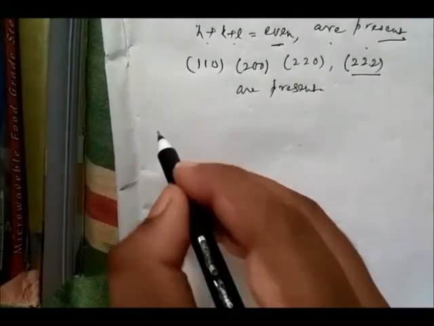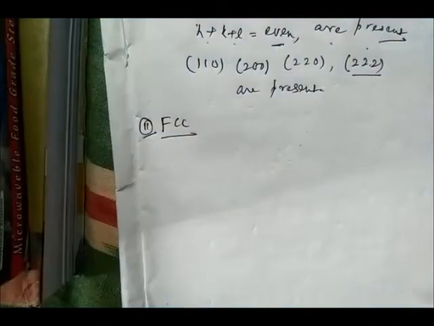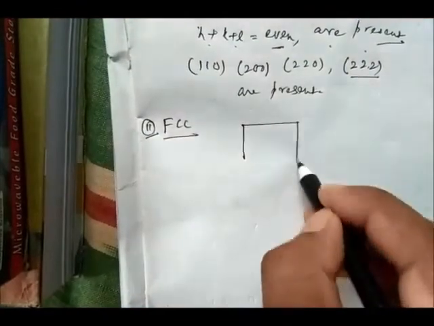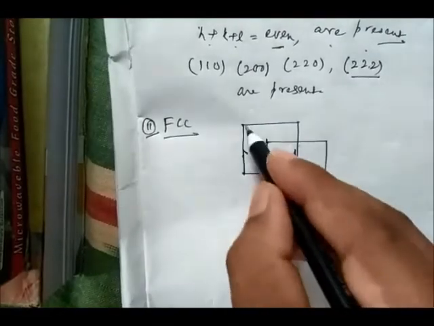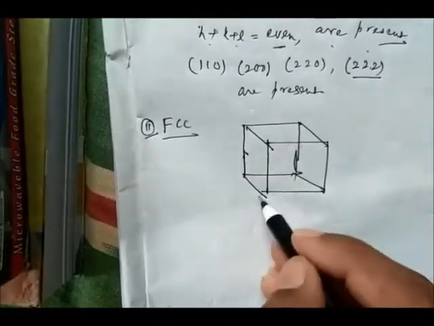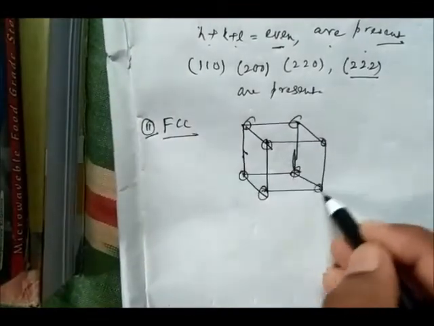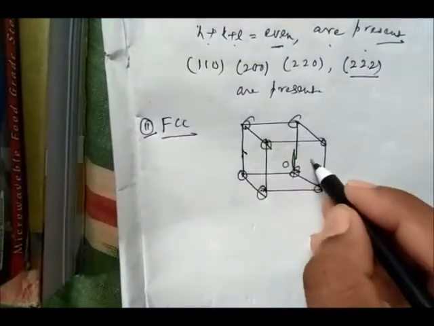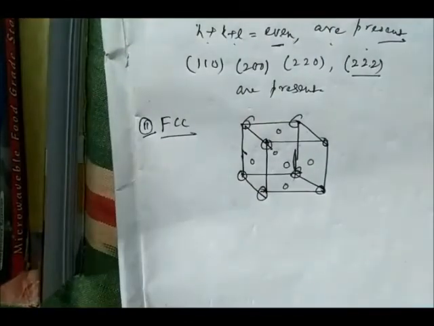Now if you choose an FCC, that is a face-centered cubic system, what is face-centered cubic? Here exists a cubic system where each corner contains some atoms, and each face contains some atoms.